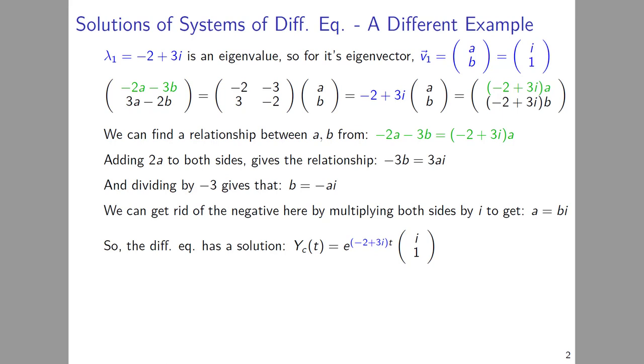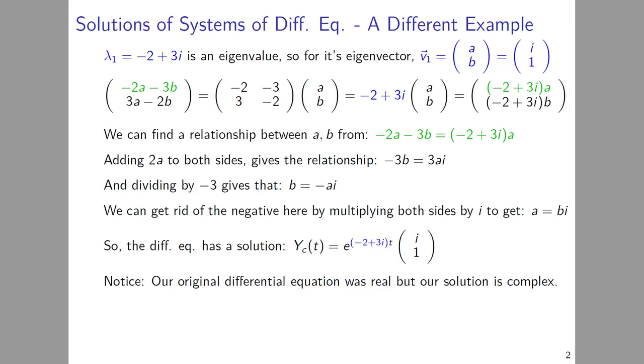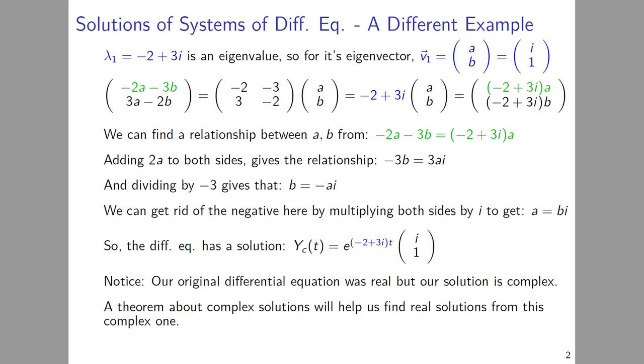While this is great that we found a solution, notice that our original differential equation was all real, but our solution is complex. So how do we get a real solution to our real differential equation from this complex solution? A theorem about complex solutions will help us find these real solutions.